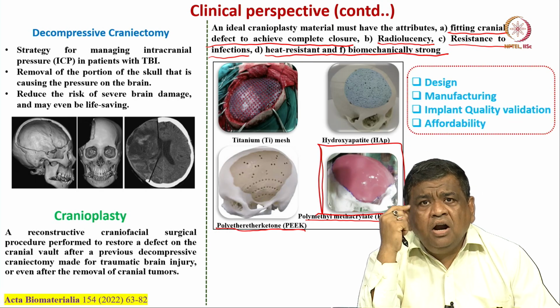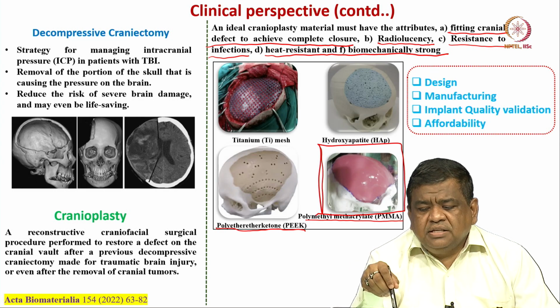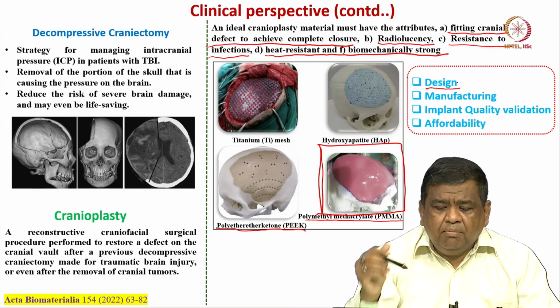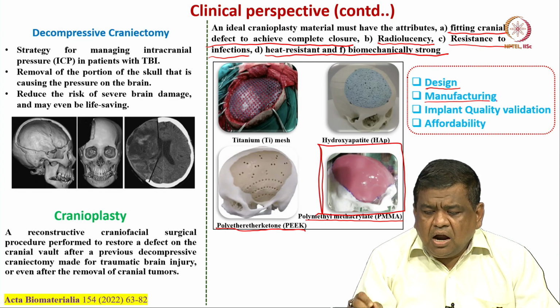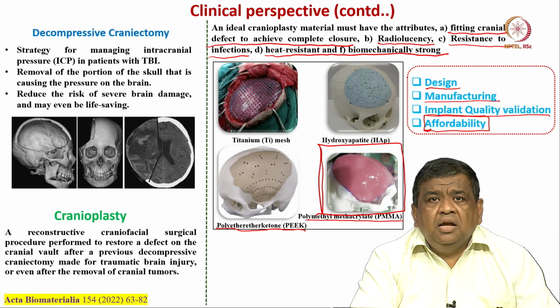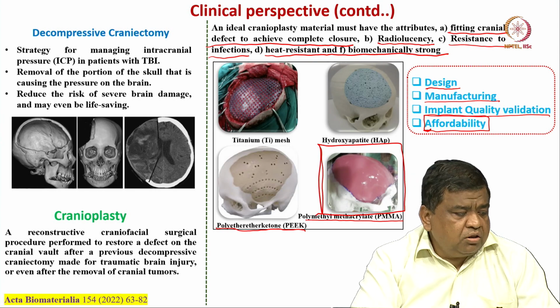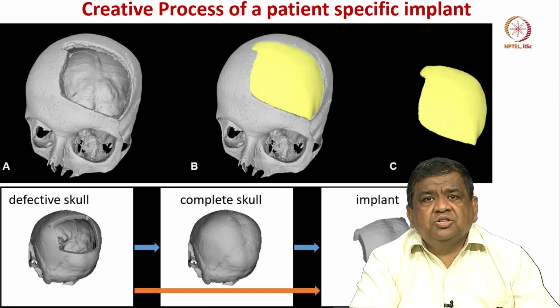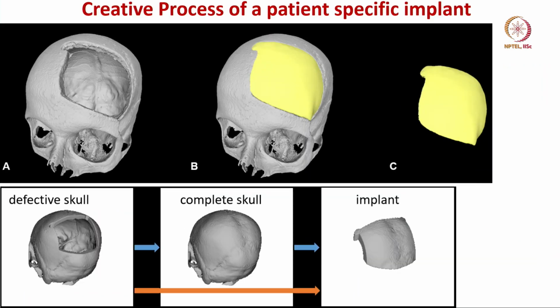What I am going to show you is how the design is to be conceived and completed for the patient-specific design, then manufacturing, implant quality validation, and affordability. This is also one of the points that needs to be considered in many developing nations or third world nations while choosing the materials for cranioplasty surgery.